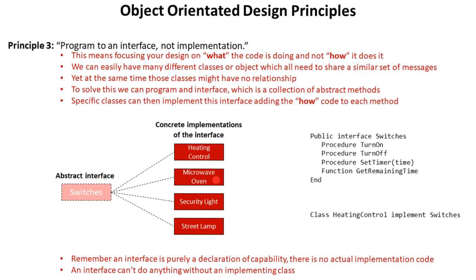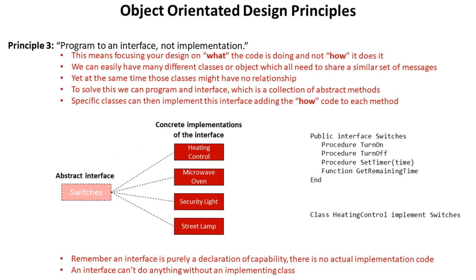It might be better to look at this abstraction. So we have, for example, an abstract interface called switches. We know that all switches will need to have a procedural method to turn them on and turn them off, possibly to set a timer and find out the remaining time. But there could be many different implementations of this interface, themselves not related, but each of them implementing the switches interface.